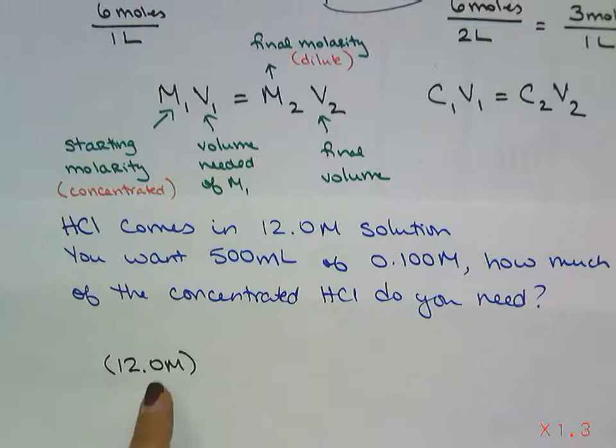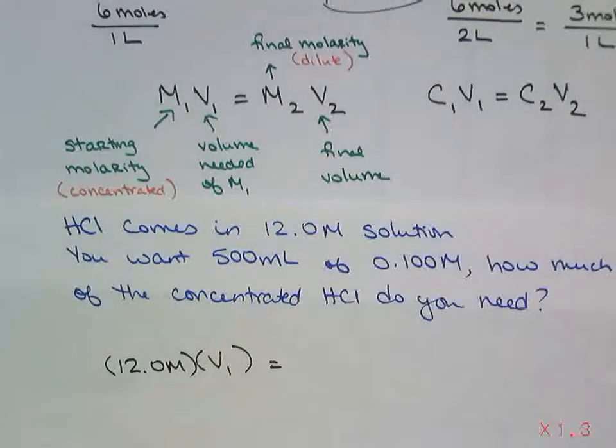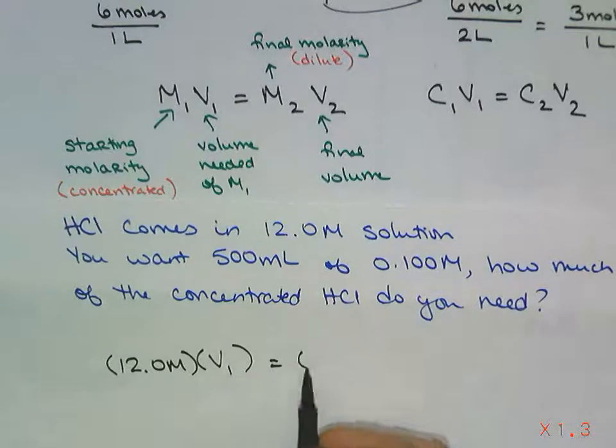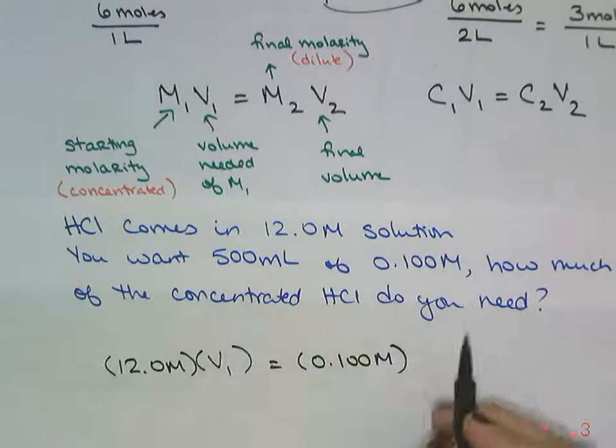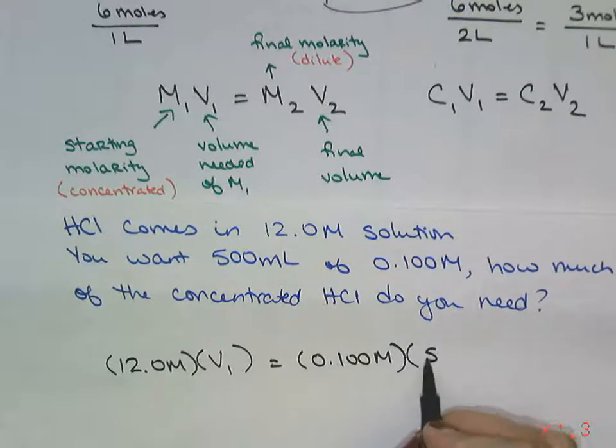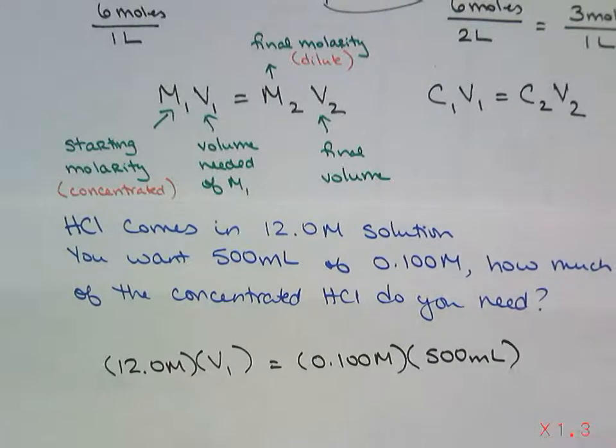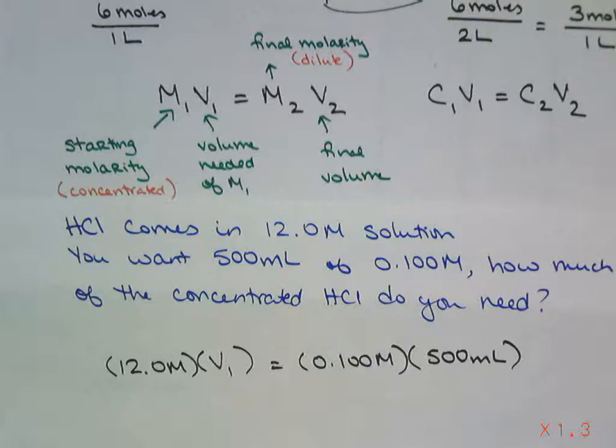I know M1. I'm looking for V1. Yeah, V1. I'm going to leave that. Okay, so then what's my final molarity? What am I aiming for? Aiming for that. And then that much of it. And you can leave the volume in milliliters. That's okay. Or you convert them both to liters. That's fine too.